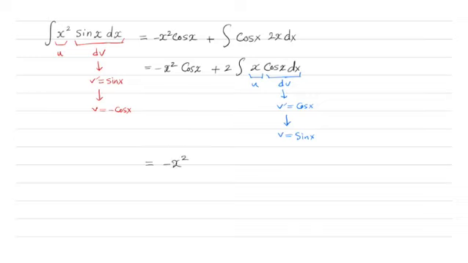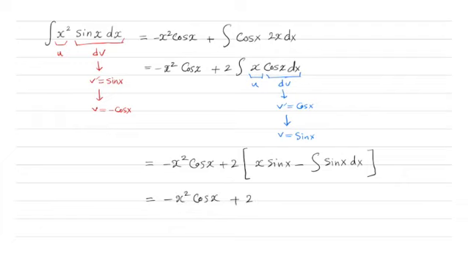Well, we had minus x squared cosine of x plus twice the integral of x cosine, which is uv, x sine of x, minus the integral of v, which is sine of x, du, which is just dx. The integral of sine is easy to compute. It's minus cosine, so we get at the end minus x squared cosine of x plus 2x sine of x minus the integral of sine, which is minus cosine, so plus 2 cosine plus a general constant of integration.